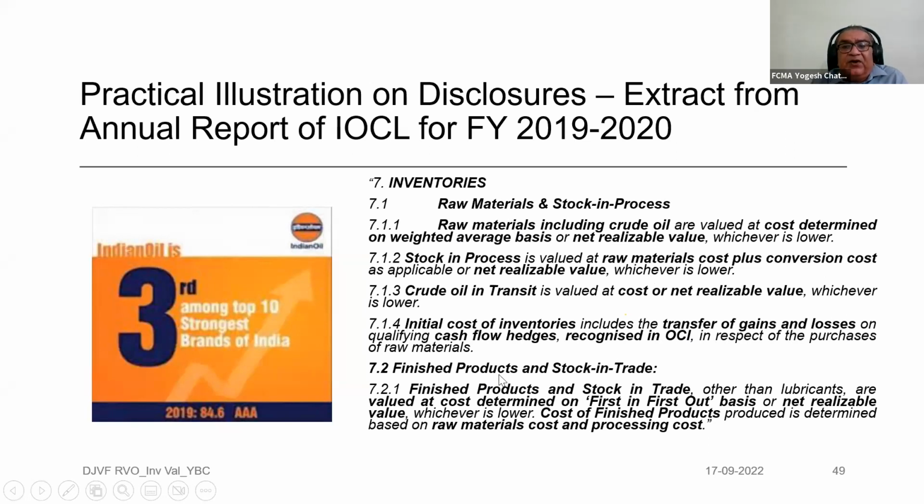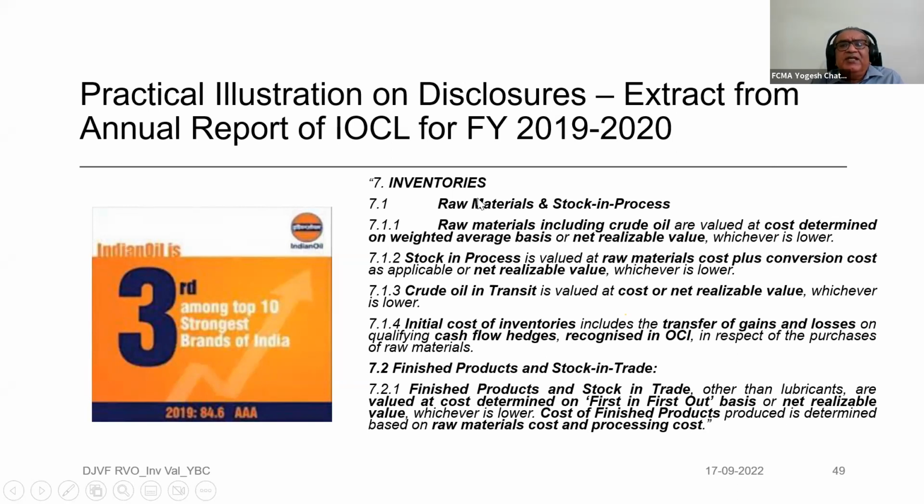In respect of finished products and stock in trade, other than lubricants, they are valued at cost determined on a FIFO basis or net realizable value, whichever is lower. And cost of finished products produced is determined based on raw materials cost and processing cost.